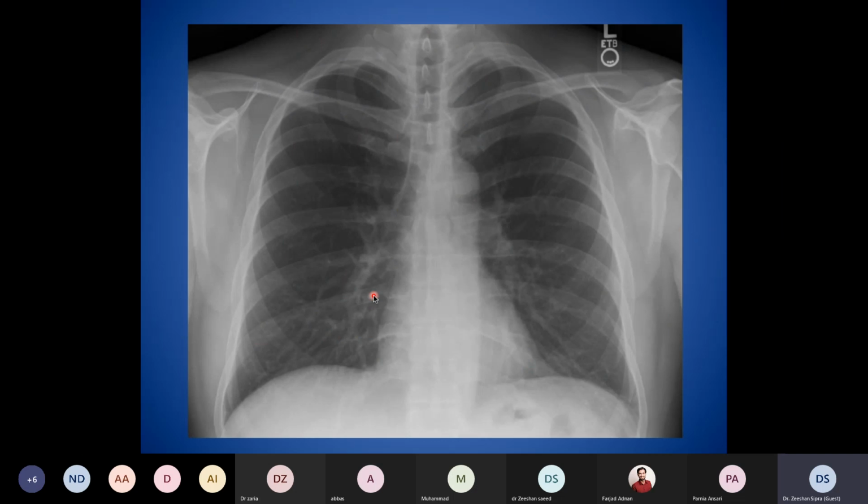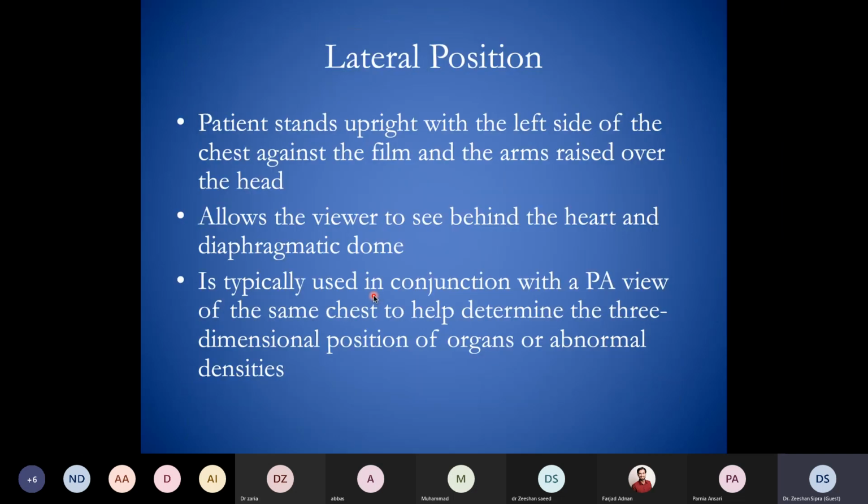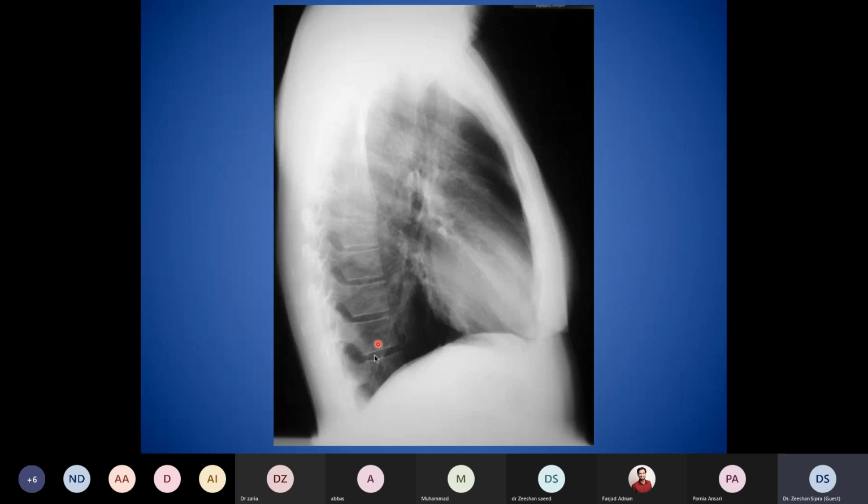This is a PA radiograph. For the lateral radiograph, I hope everybody can appreciate this. In the lateral radiograph, we can appreciate both lungs at the same time. We'll cover it later. And the spine is rather better visualized on the lateral view.